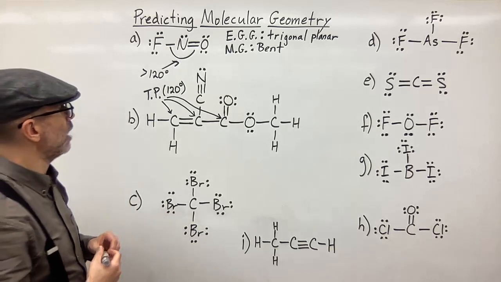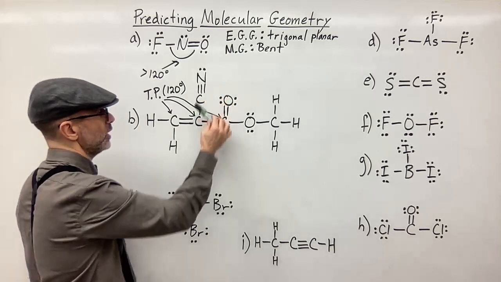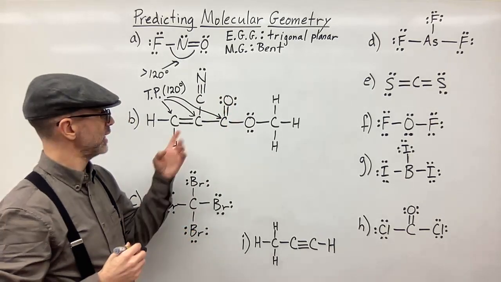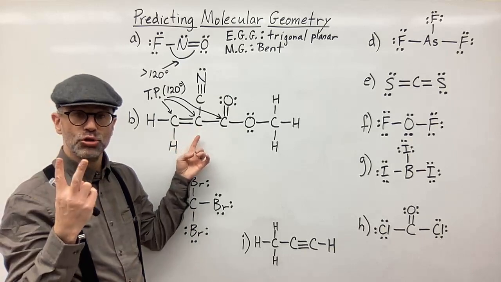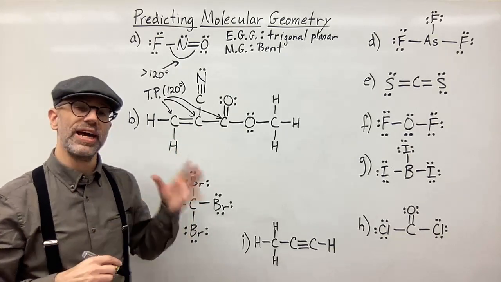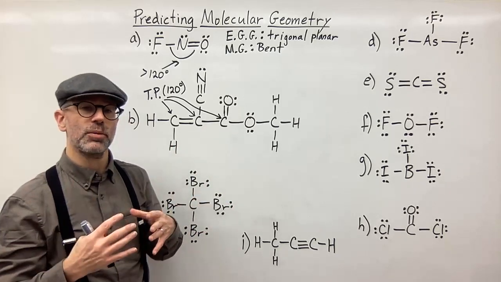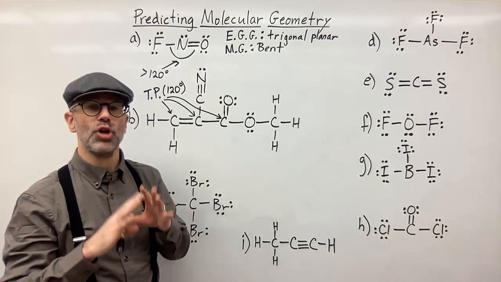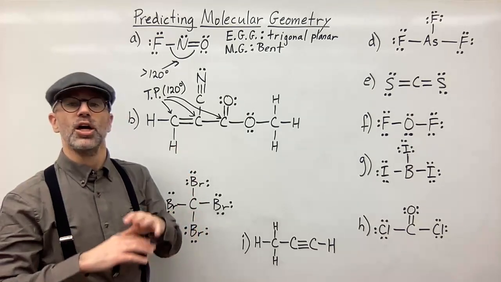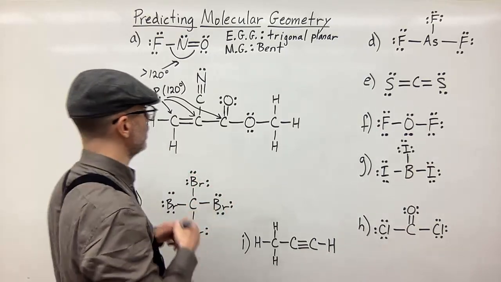Okay. Now, what about this carbon here? This carbon has 1 triple bond and 1 single bond, no lone pairs. So in this case, there's 2 total electron groups, no lone pairs. So again, the electron group geometry and the molecular geometry are going to be identical. Again, whenever you don't have lone pairs on your central atom, the electron group geometry and the molecular geometry will be the same.